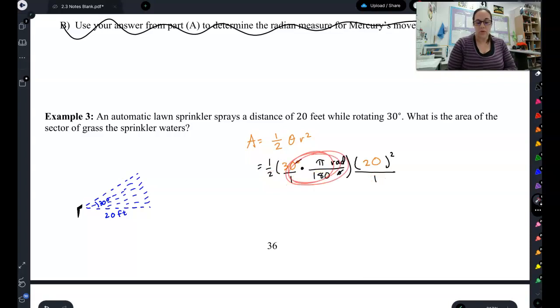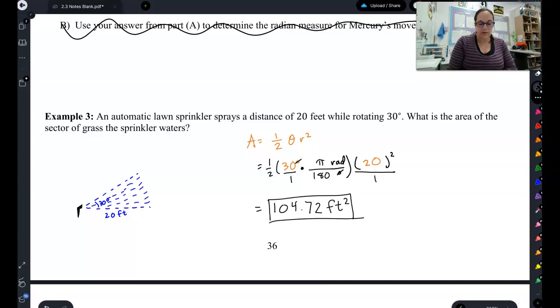And my angle is in radians, which is what I want, and there's my r squared. So if you type all that into your calculator, you should get this. And because this is an area, it's two-dimensional, we have 104.72 feet squared. Because it's two-dimensional, we square the feet.